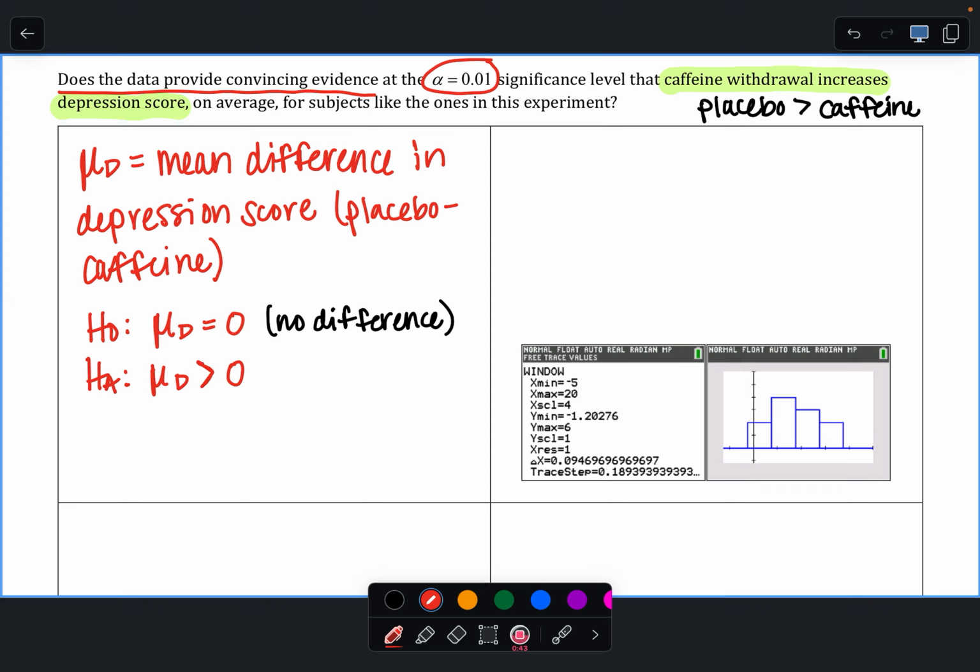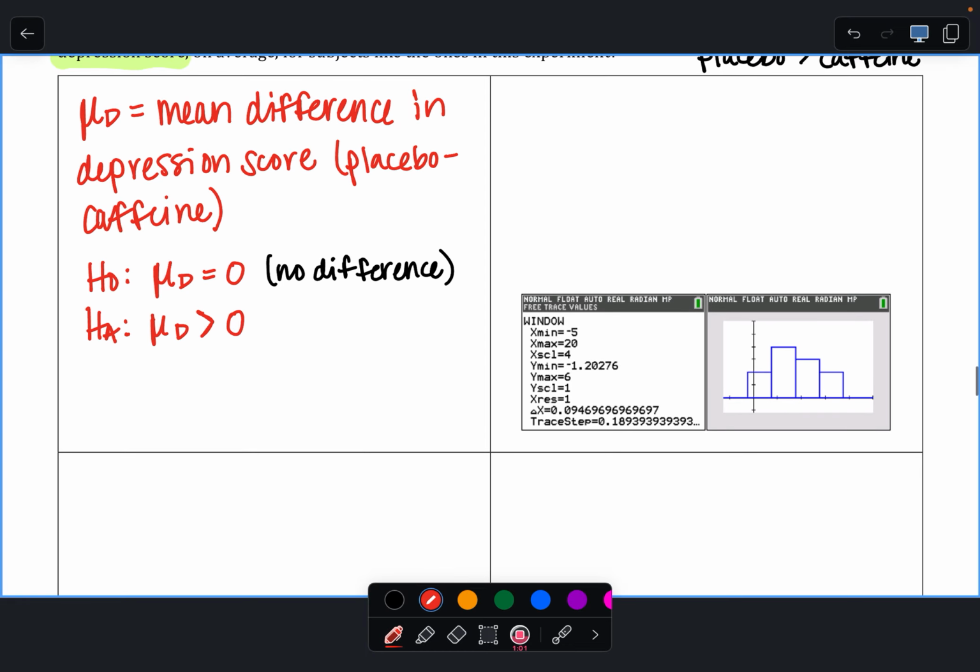So we want this to be bigger than 0. Think big minus small. If I had done caffeine minus placebo, then I would want that second number to be bigger than the first, which would make it negative. So how you decide with your subtraction is how you decide what direction your inequality should face. If it's just a difference, then you don't have to think at all. It is what it is. But that is because I want the placebo to be bigger.